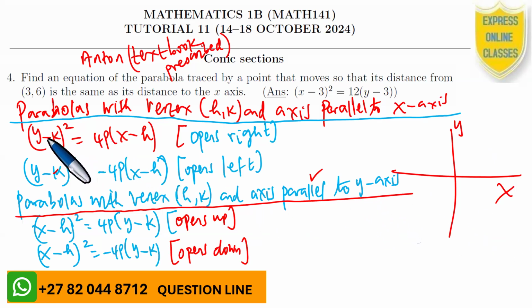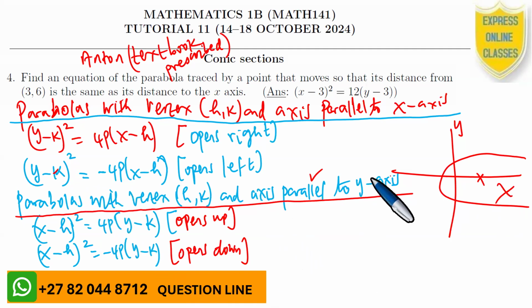Here there's sort of a positive in front. The y squared is positive, and the 4p is positive because p is positive all the time. So then the x is positive, and this kind of graph is going to open right.